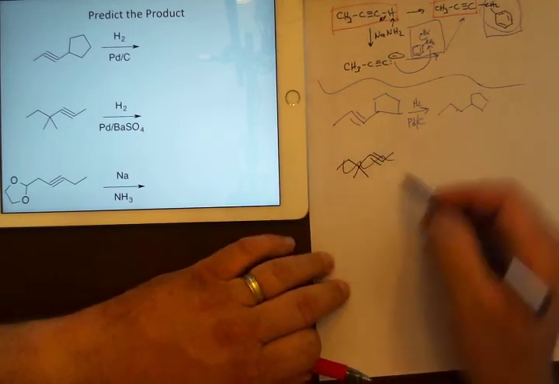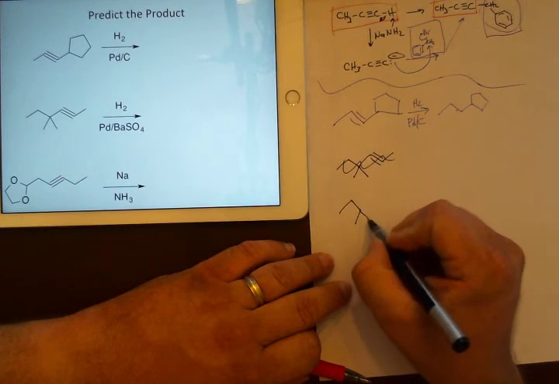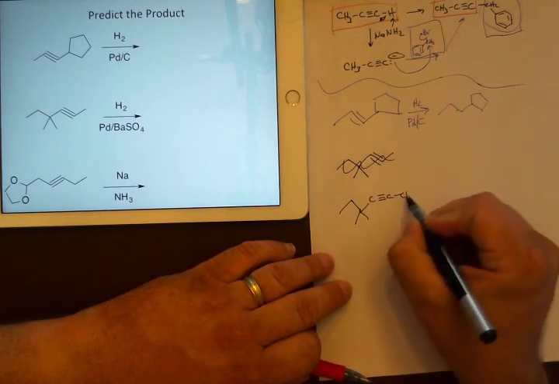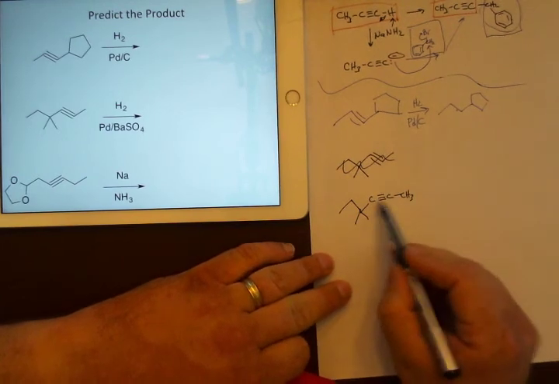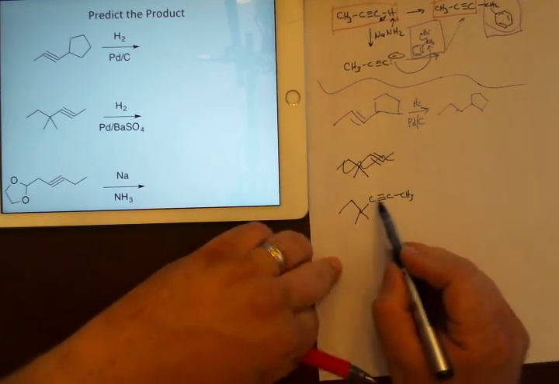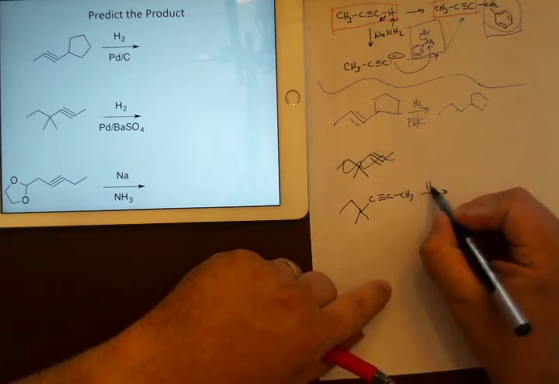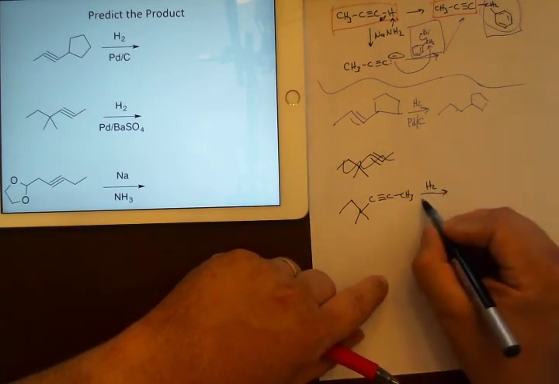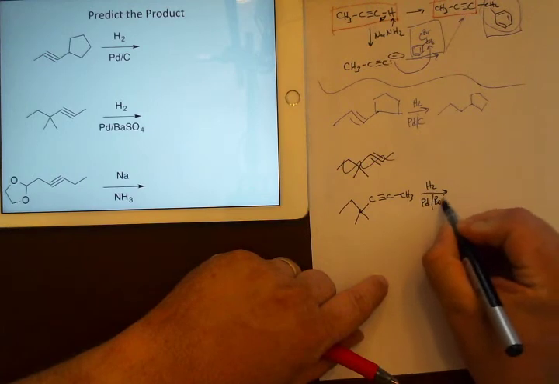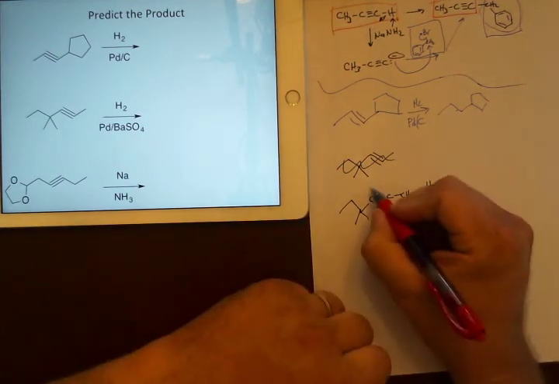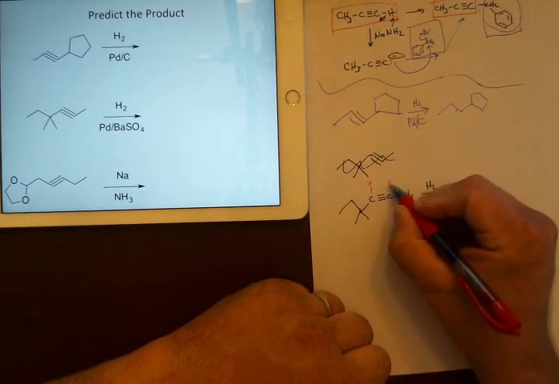now actually what I'm going to do, I'm going to redraw this to be more accurate, because it's a little bit easier to see like this. So remember these bonds are actually 180 degrees from each other. So when we do the hydrogenation, but we're going to be doing it with a poison catalyst, the one with barium sulfate on there, what's going to happen is we're going to be putting these hydrogens on the same side.